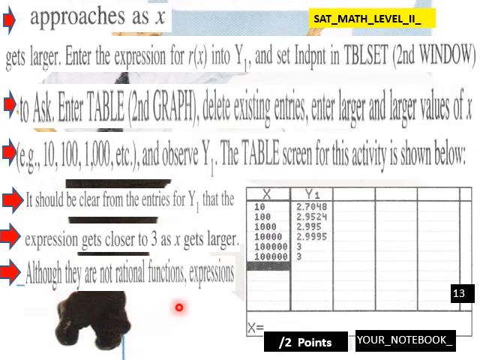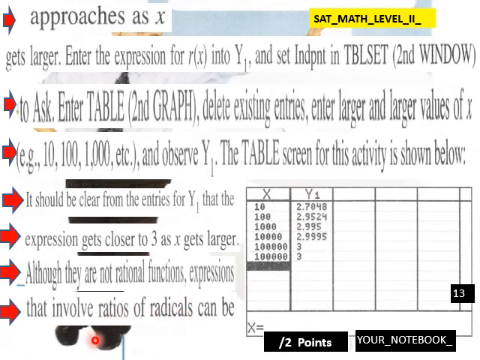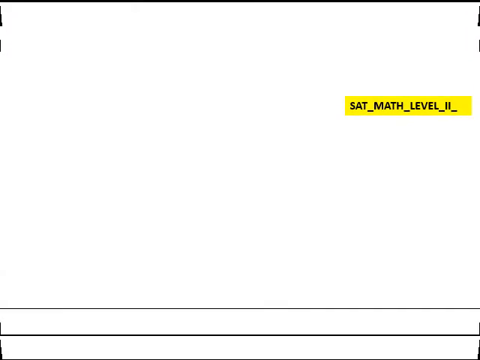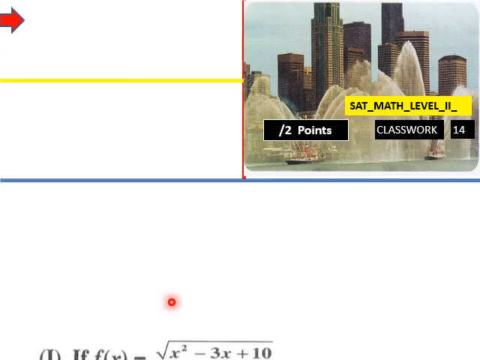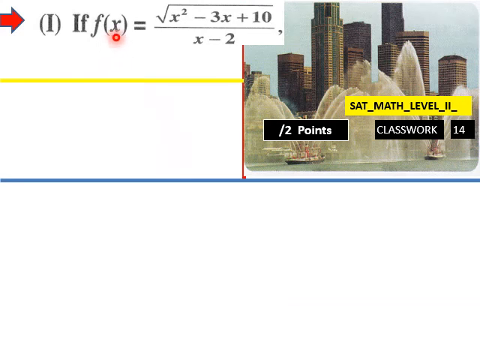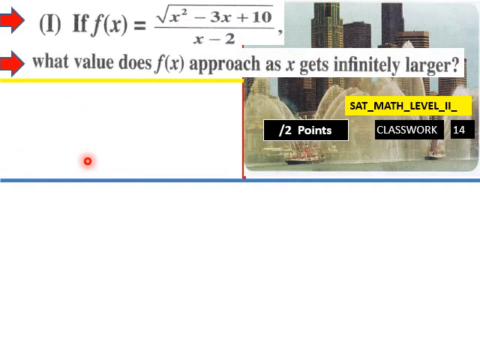Although they are not rational functions, expressions that involve ratios of radicals can be analyzed in the same fashion. If f of x equals the square root of x squared minus 3x plus 10 over x minus 2, what value does f of x approach as x gets infinitely larger?